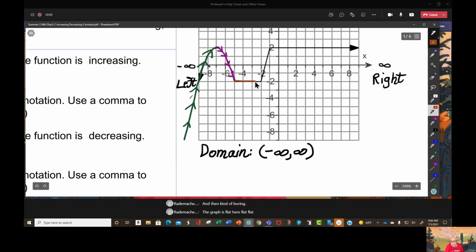Flat, flat, flat. But we're still reading left to right. And then the graph goes up again. Up, up, up, up. And then the graph flattens down and stays that way forever.